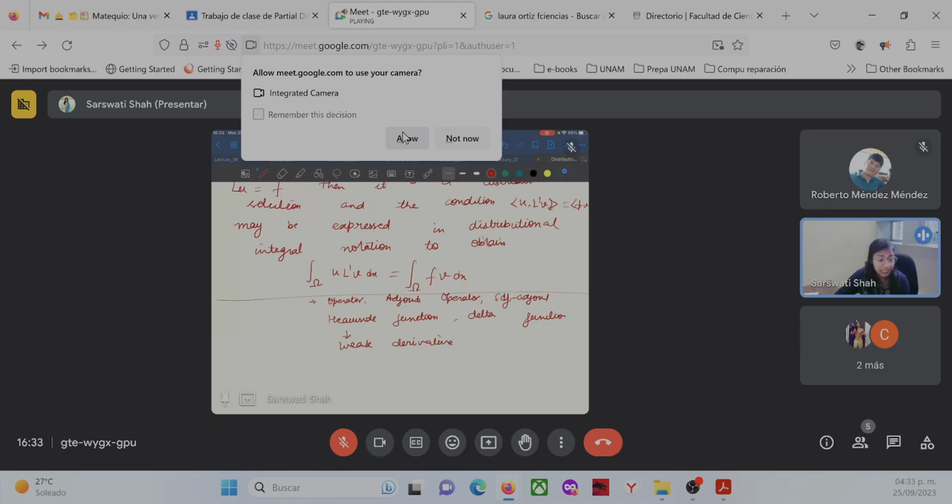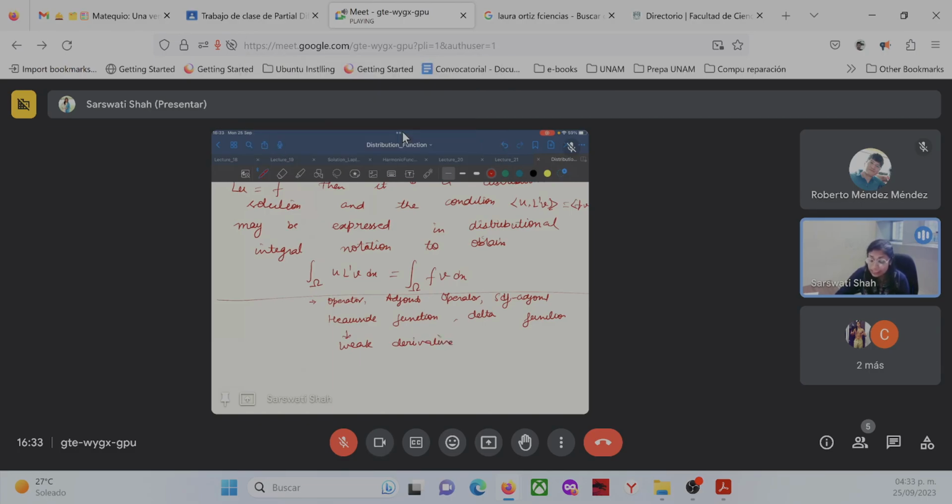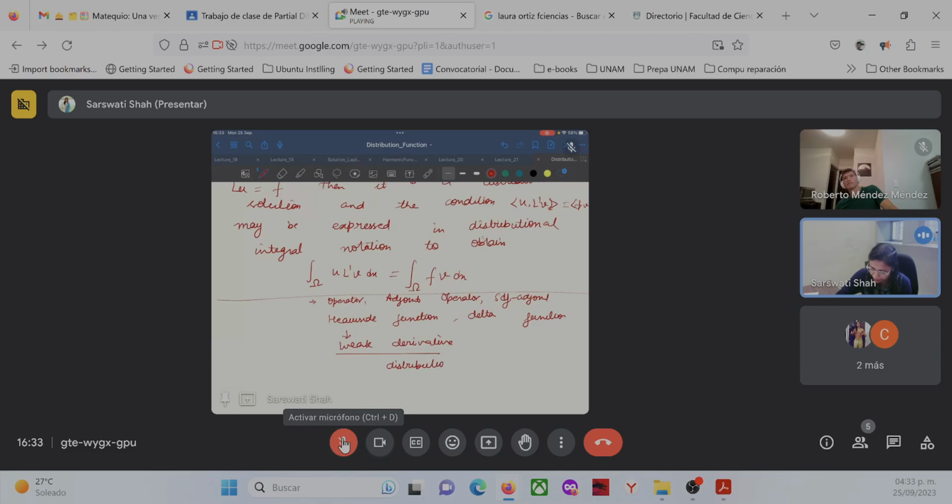Since this Heaviside function is not a true function, that's why we are defining its weak derivative, because its derivative is not going to exist in the whole domain. And then after that we have defined the distributional derivative, or we can say that we have defined the distributional solution of L of u equals f.